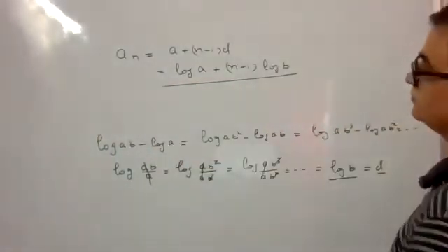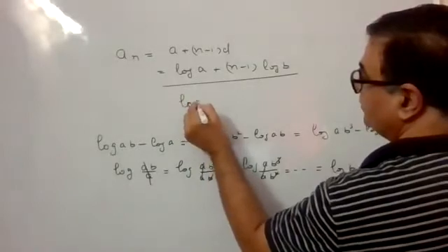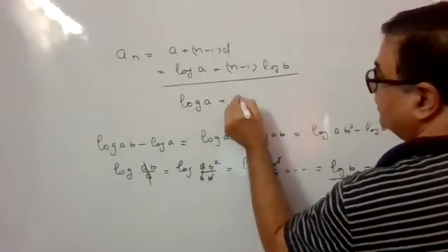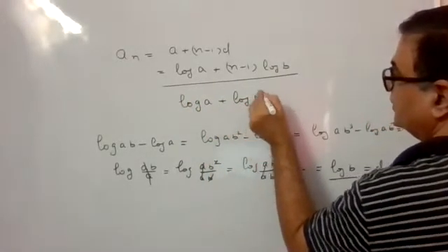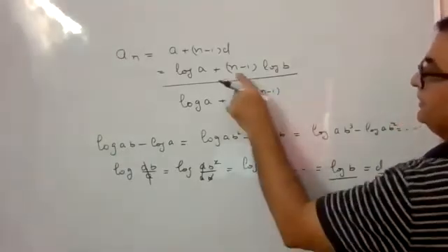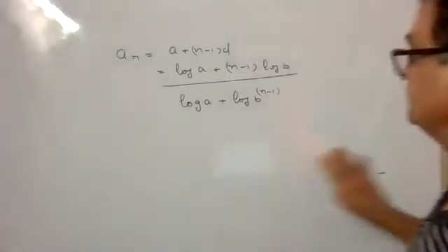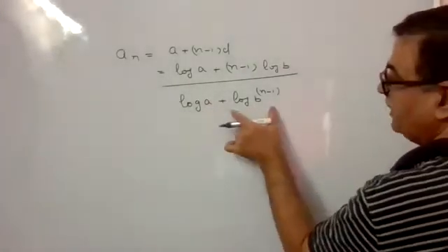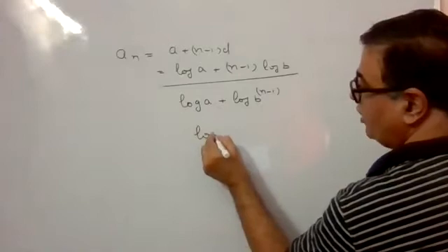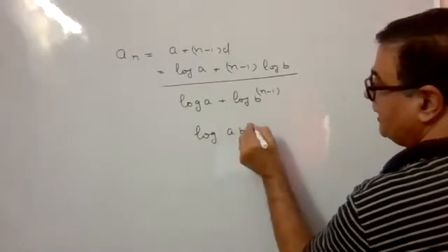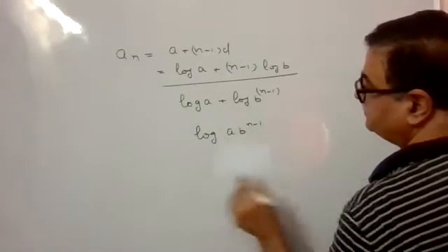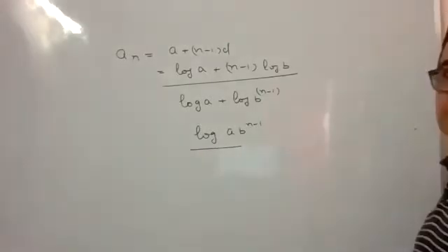Log A plus log B. This n minus 1 goes in power now. So the formula says log of AB power n minus 1. This is our nth term.